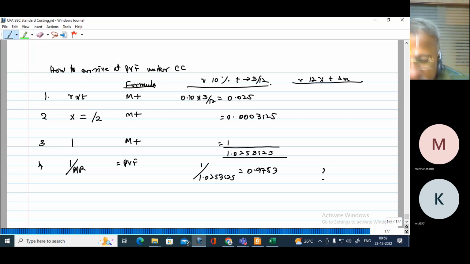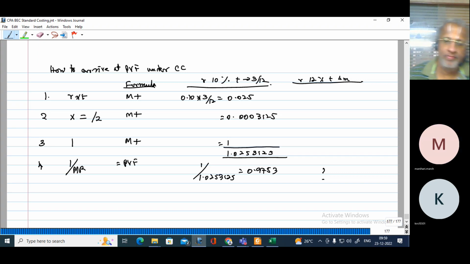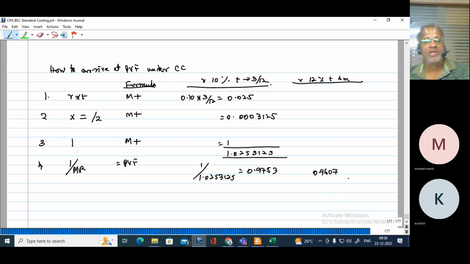After doing this problem, we will have a 10 minute break and then resume and finish off the Black-Scholes model after doing the binomial model. Come on. Sir, 0.960789. Okay.